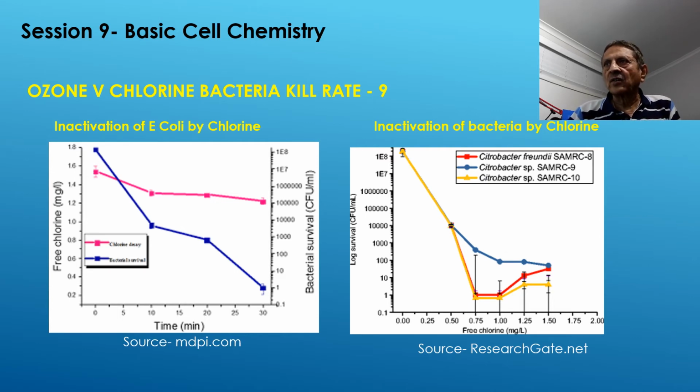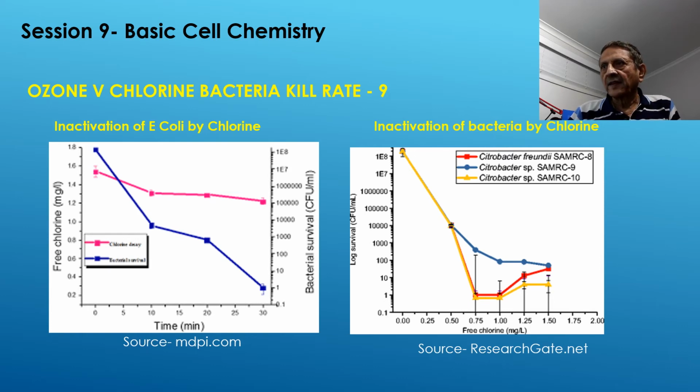Now, the chart on the right shows you the inactivation of bacteria by chlorine on 3 different types of Citrobacter. You find that the weakest bacteria affected by chlorine is Citrobacter species yellow, I call it SAMRC10.